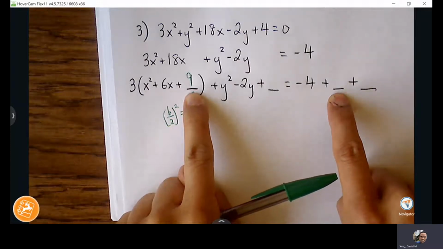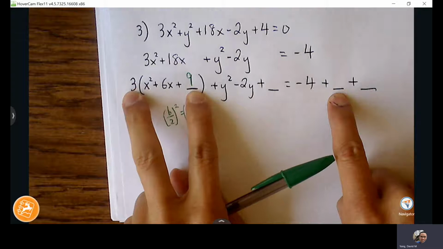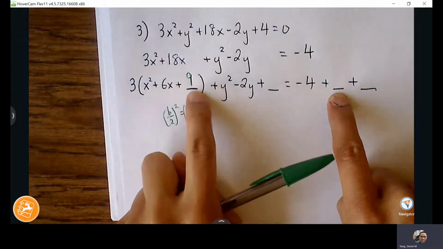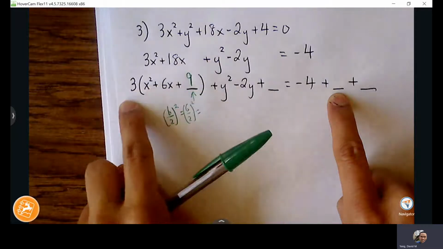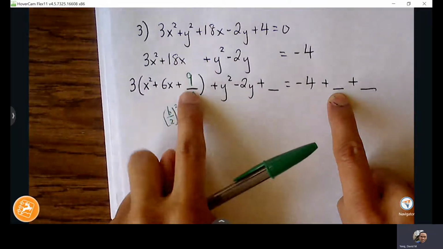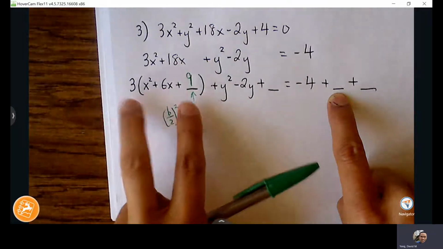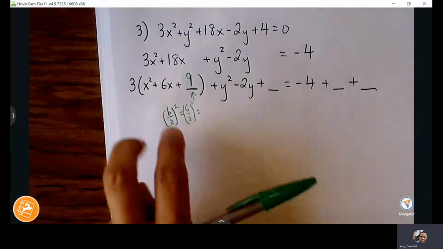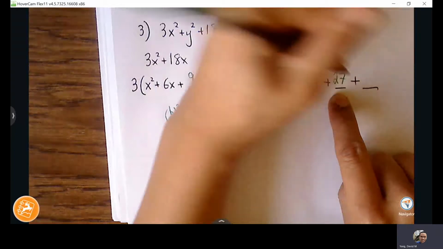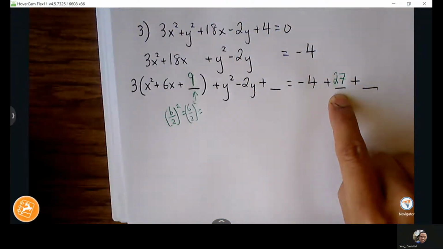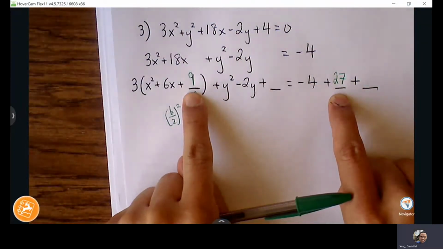Do you know why? Yeah, we have to multiply by that coefficient. That 9 is not really a 9. That 9 is really a 27 because it's inside the parentheses with the 3 outside. So that is the thing that is making things a little different for us here. 27 goes there. Okay, does everybody see that?